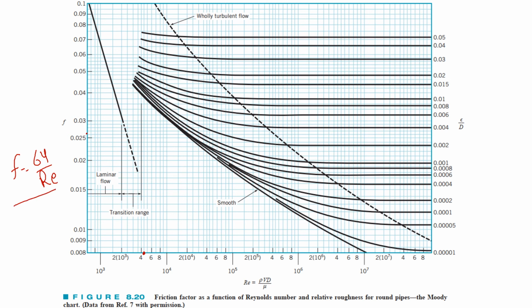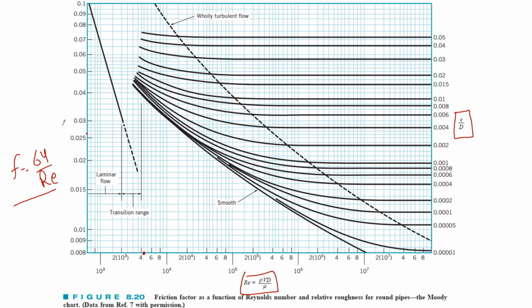And for transition flow, we can use this chart. For wholly turbulent flow, we can use this chart, and we just need to know our Reynolds number and the relative roughness of the pipe, and these two values can be used to find the friction factor.